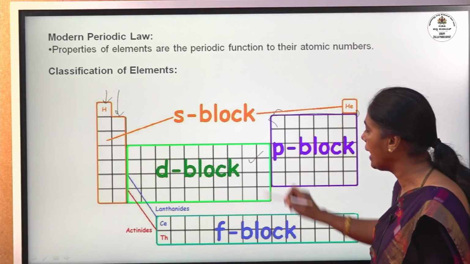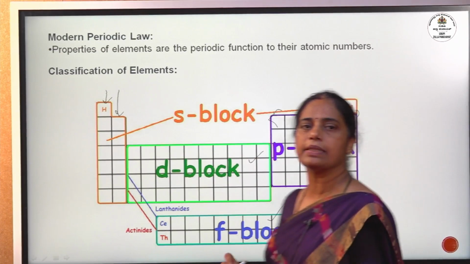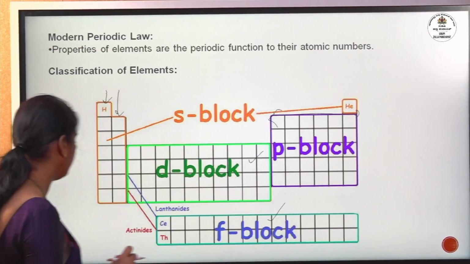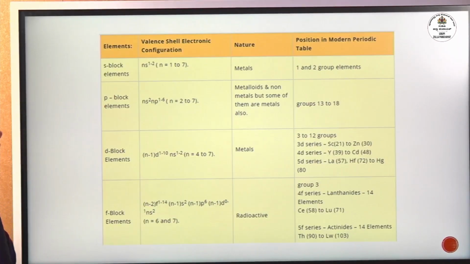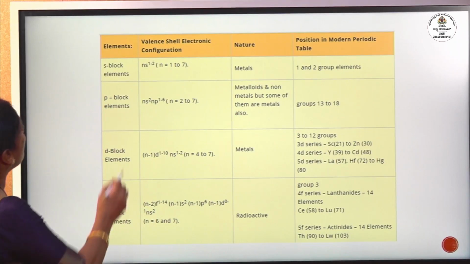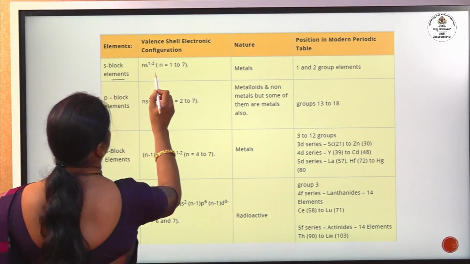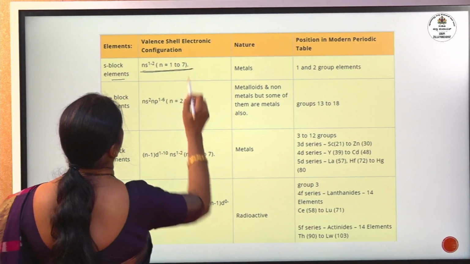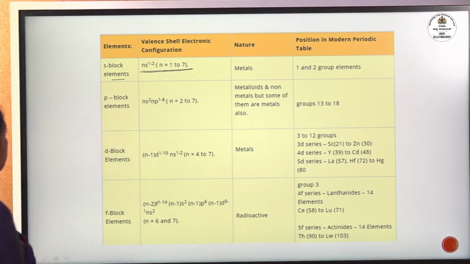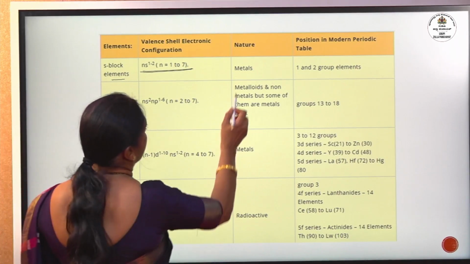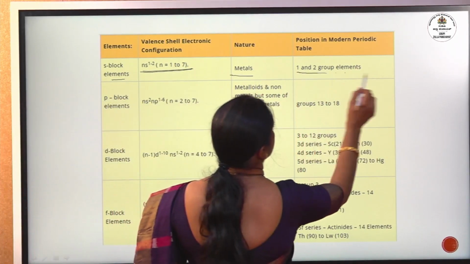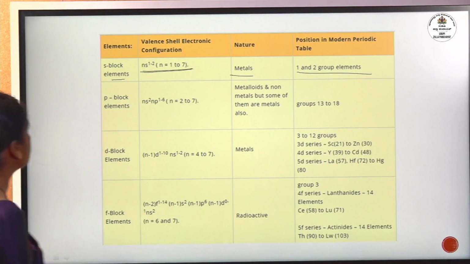Similarly in d and f the last electron is present in d and f orbitals. Now for s block elements, the valence shell electronic configuration can be written as ns1-2 and the nature is metals. First and second group elements belong to this block.